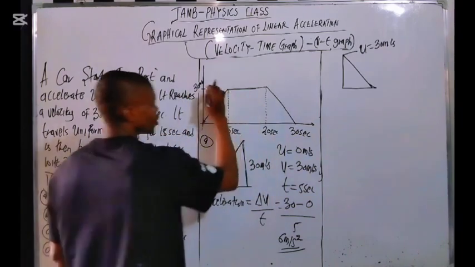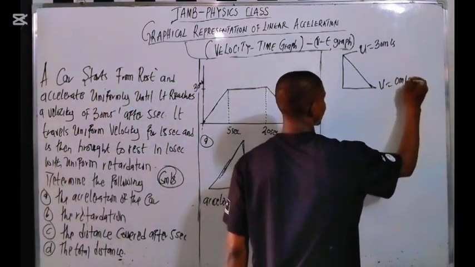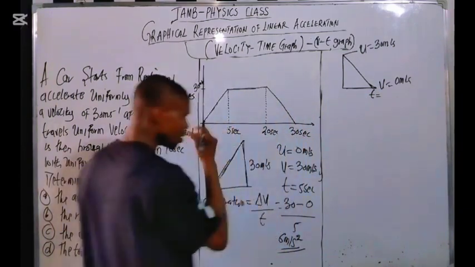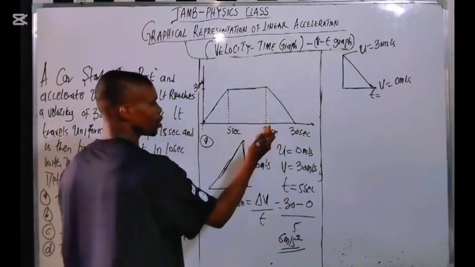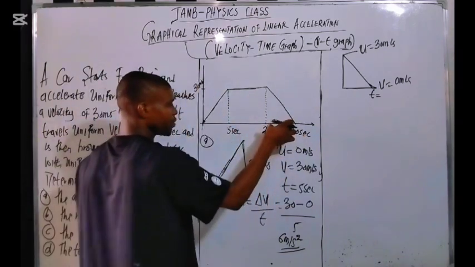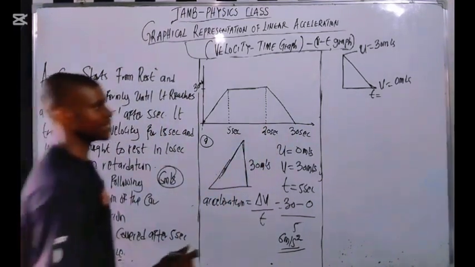When it comes to rest, my final is 0 meters per second. My time is 10 seconds, because from here to here is 10 seconds. So my t is equal to what?